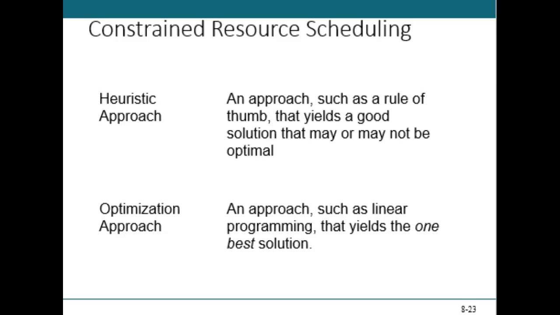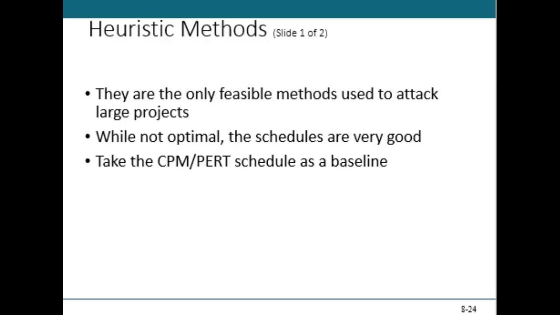Now, constrained resource scheduling has a heuristic approach and an optimization approach. Just so that you know, a heuristic, as we discussed in previous conversations, is a rule of thumb, right? It's an approach. It's a rule of thumb in general. And optimization is more of a mathematical approach.